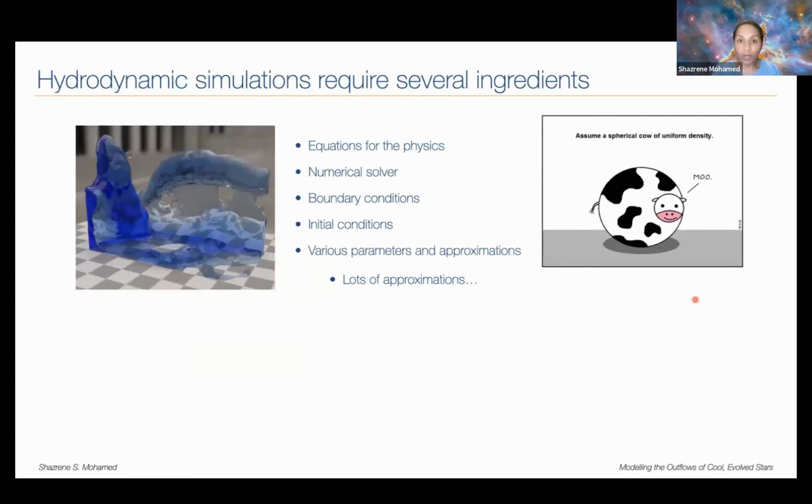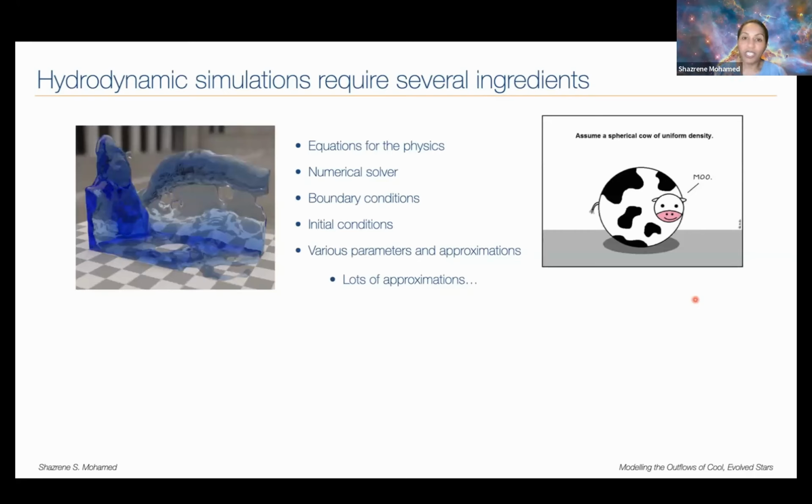The way that we model these outflows, the winds, is through hydrodynamic simulations. We treat them as fluids. In these models, you need some equations to represent the physics, and a solver to solve those equations. We can't simulate the whole universe, so we need boundary conditions, some domain in which we solve these equations.